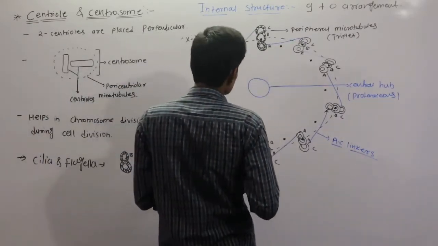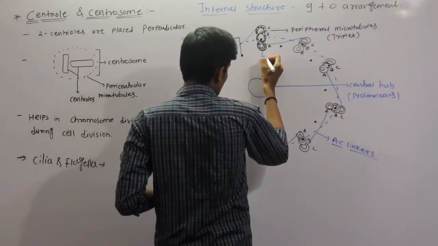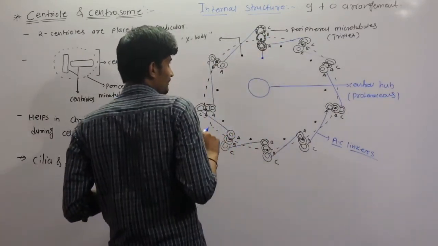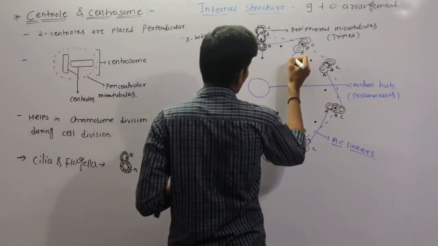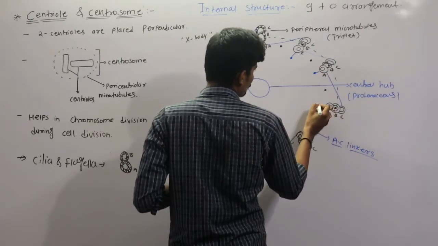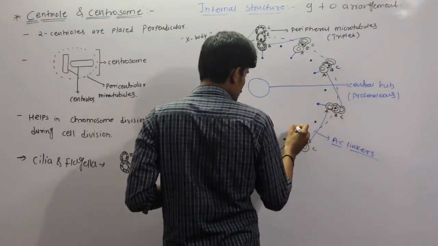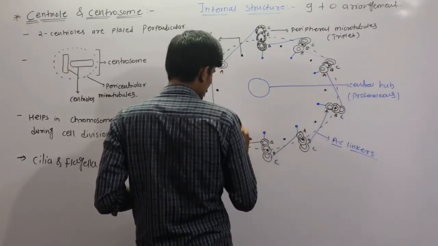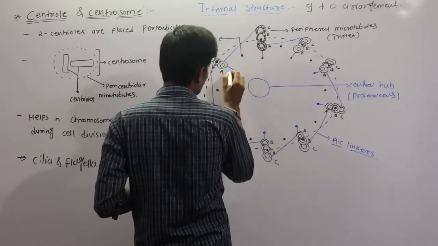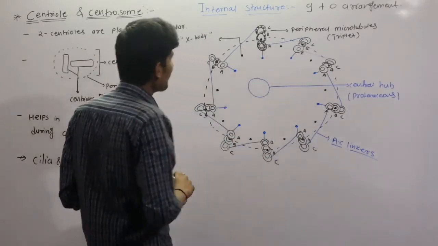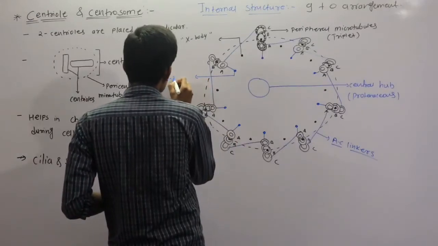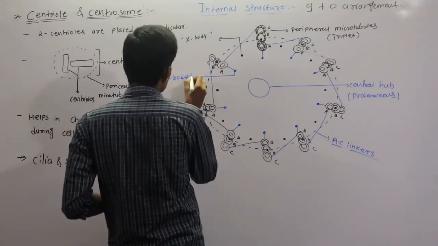And there is another structure, which is present in front of these microtubules, that is the Y body. So this is the Y body, this one is the Y body, and so on. So there are a total of 9 Y bodies and 9 X bodies. Okay.